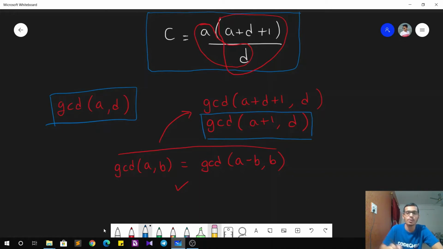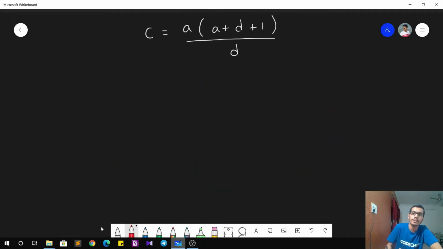So now we have to focus that c has to be an integer, right? So for c to be an integer, the denominator d has to cancel out with some divisors of the numerator, right? Only then c would be an integer.